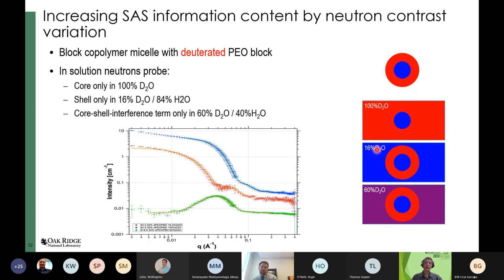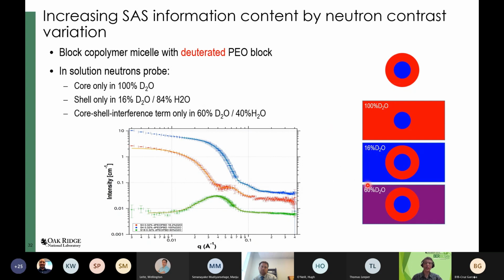And then if you go to a contrast situation where we match the inner part, you'll see that shell scattering. That is this red curve, which is a little bit lower Q, because this overall is a larger object than that one. And then something funny happens if you match the average particle overall.